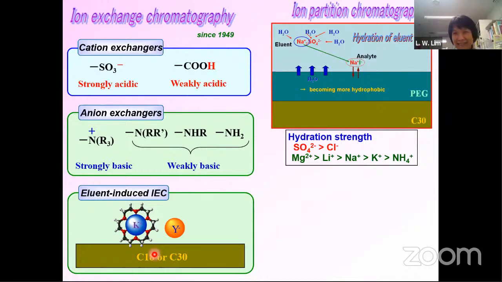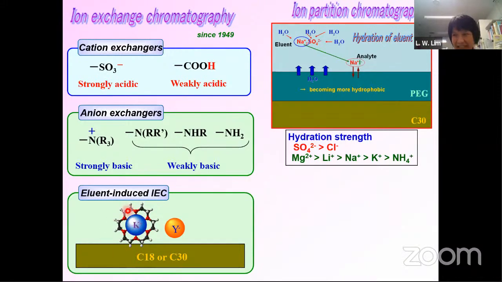At the time, you can use an eluent additive. You mix something in the eluent, and that something will be absorbed on the C18 or the C30 or whatever. Usually it's C18 under hydrophobic interactions. And then you can have the separations.